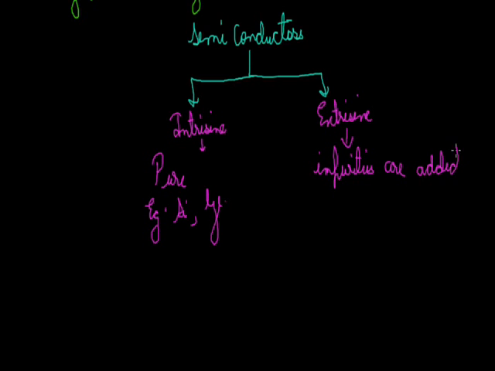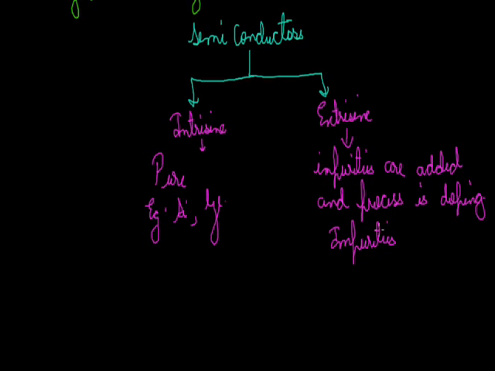The process by which the impurities are added is known as doping, while the impurities are known as dopants. So in extrinsic semiconductors, impurities are added to increase their conductivity.